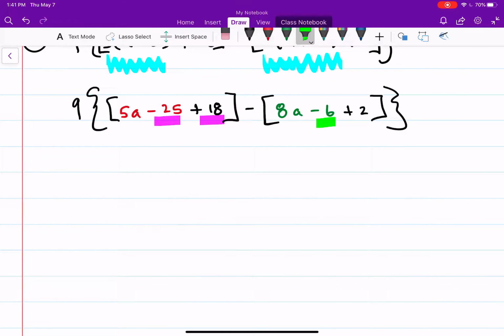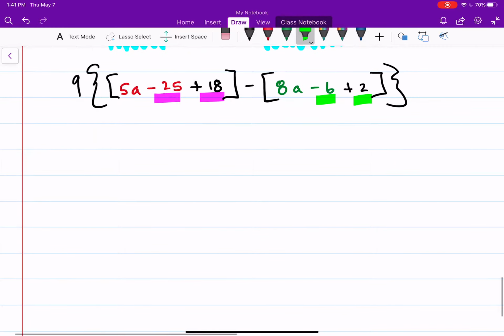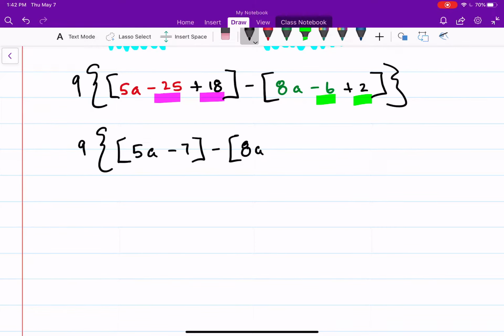So this and this are like terms, but they're in different parentheses, so I can't just cross add them per se. So I got 9, squiggly bracket. This is going to turn out to be a 5a minus 7 minus an 8a minus 4. Okay, so there we go. So far, so good. Not done yet.